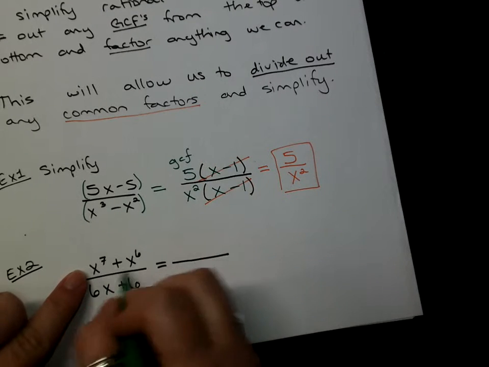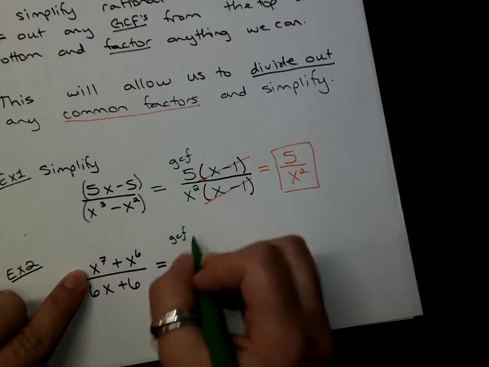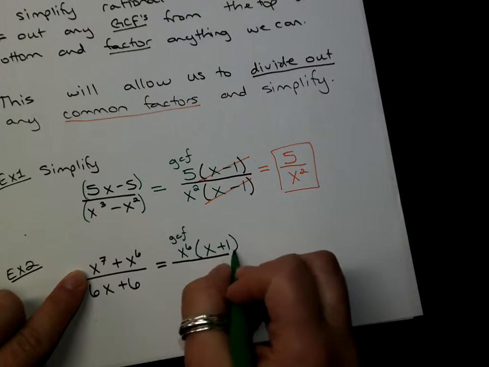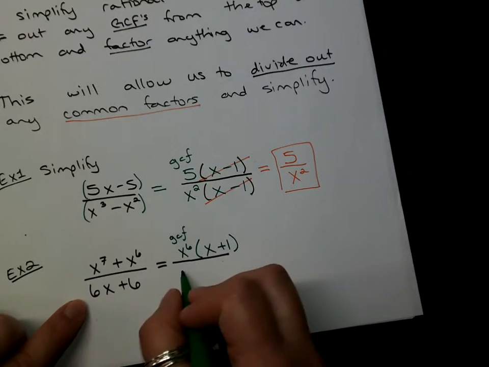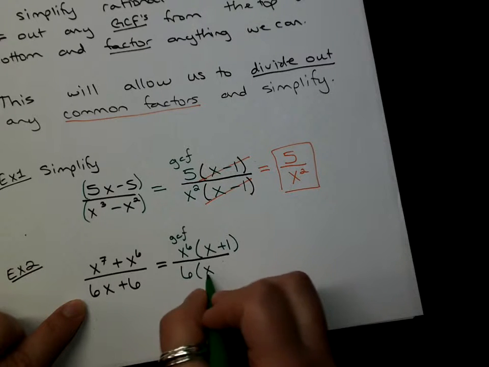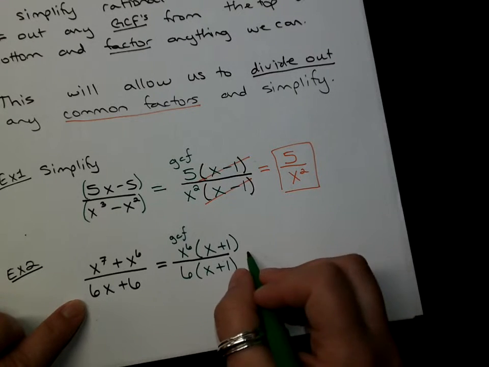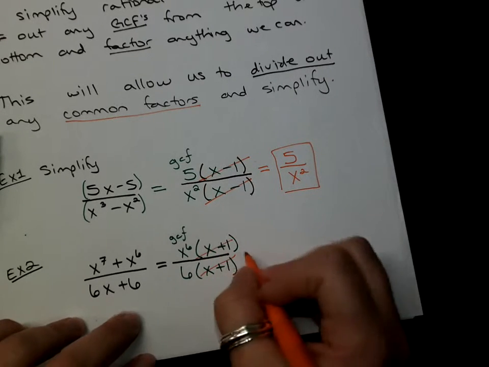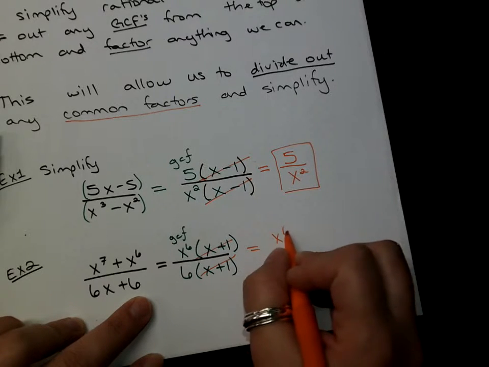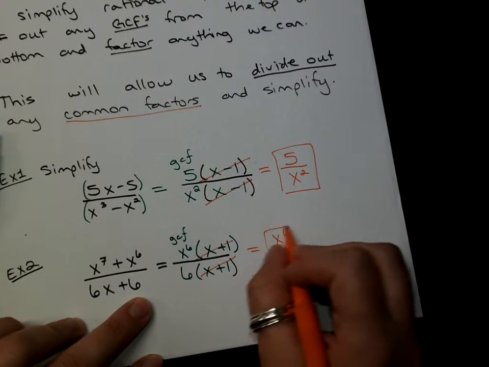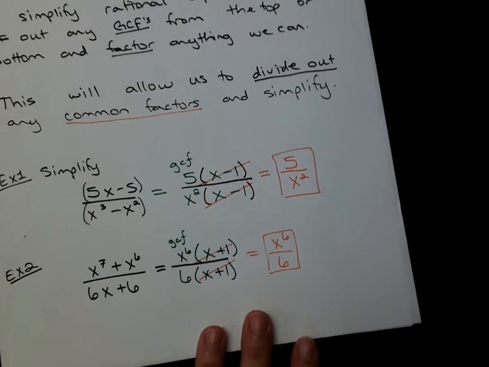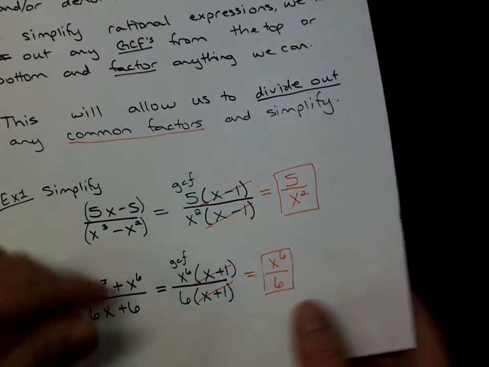Between x to the 7th and x to the 6th, there's a GCF of x to the 6th, and that leaves us with x plus 1. If we look on the bottom, there's a GCF of 6, and that also leaves us with x plus 1. We have a common factor on the top and the bottom of x plus 1. We divide those off. That gives us x to the 6th over 6 as our simplified answer. So similar to example 1. Alright, let's try a couple more.